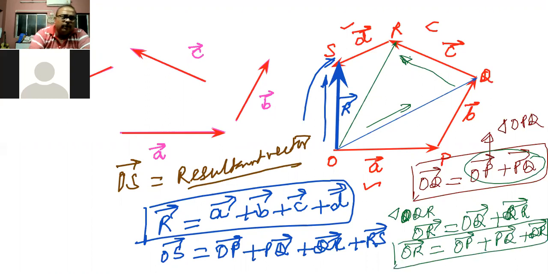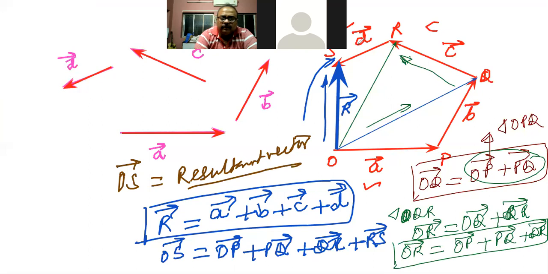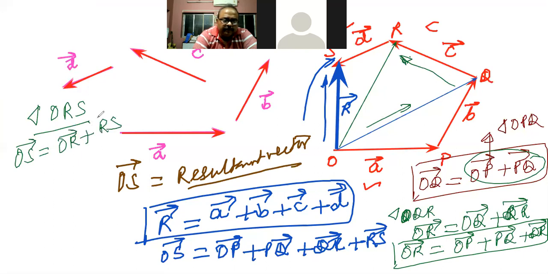So now let me move on to this part. If I now consider the triangle ORS, what can I say? I can say that OS vector is equal to OR vector plus RS vector. So children, OS vector therefore will be equal to OR vector. What is OR? I have already written over here. That is equal to OP vector plus PQ vector plus QR vector plus RS vector.